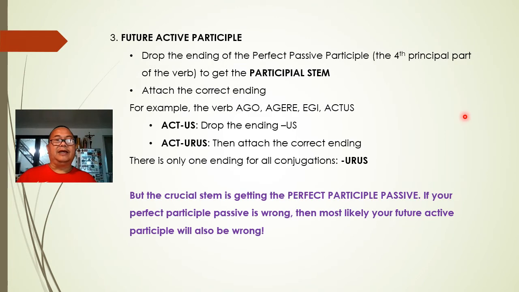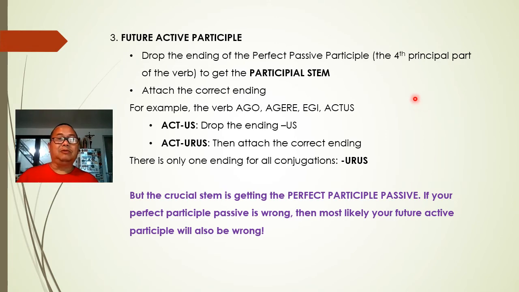Now we come to the future active participle, the third kind of participle. How do you get the future active participle? First step is to drop the ending of the perfect passive participle, which, as we have said, is the fourth principal part of the verb. If you drop the ending, us, a, you will get the participial stem.